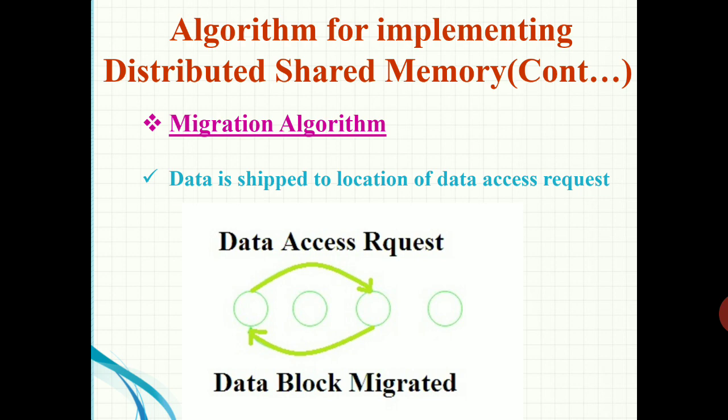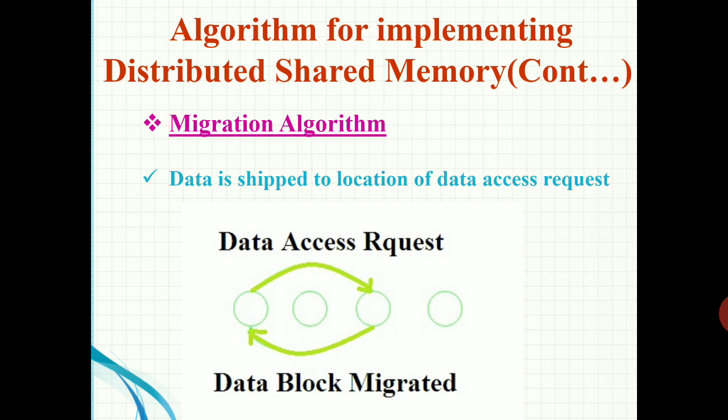Then again a request is generated which is not within that block, so again we have to perform paging. So it will go into a thrashing situation. That is, the requested page is not available locally on the system. That is one of the problems in the migration algorithm.